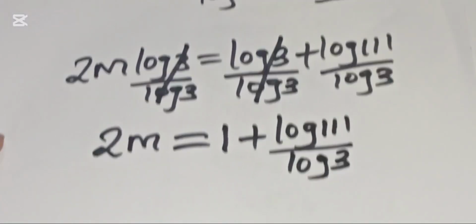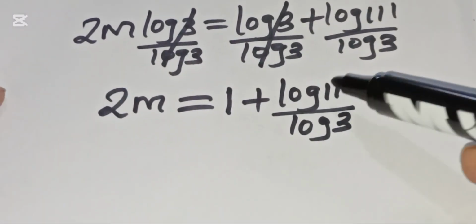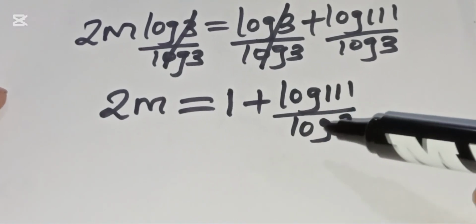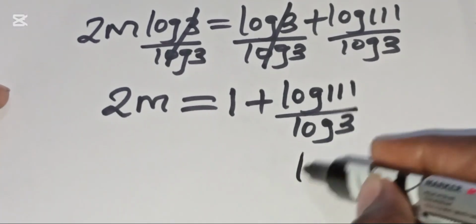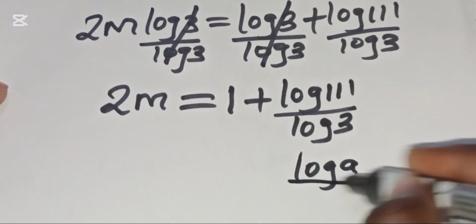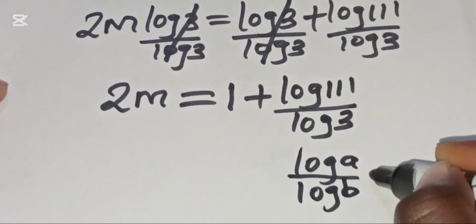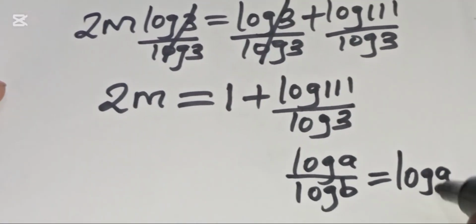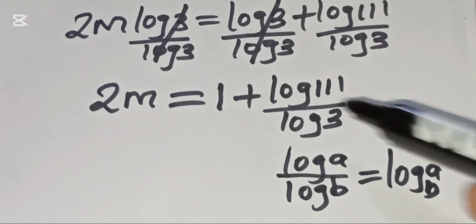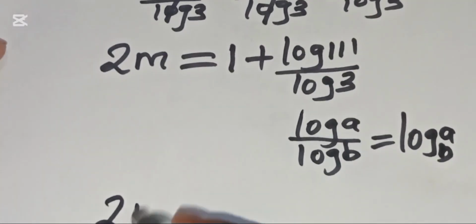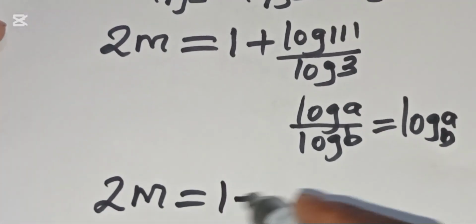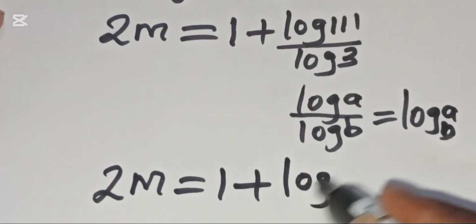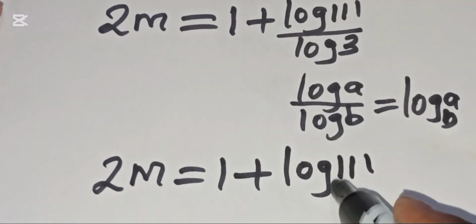Now log 111 divided by log 3 is in the form of log a divided by log b, and this can be written as log a to base b, which is the same thing. So we have 2m equal to 1 plus log 111 to base 3.